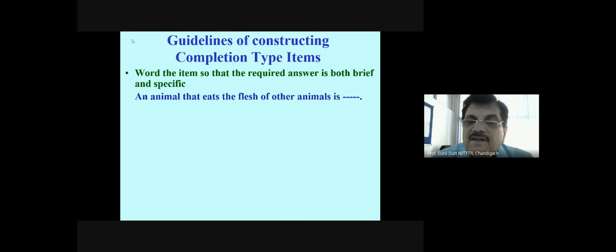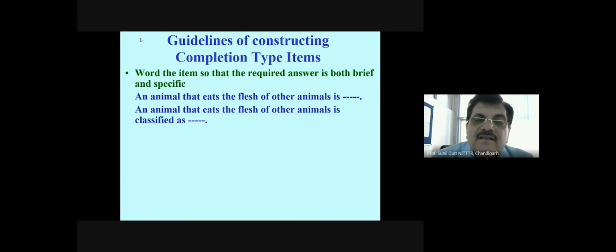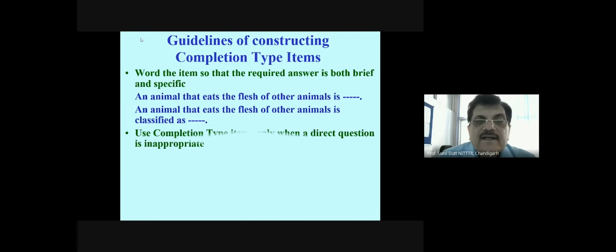Okay, but this is not very specific. Now I can make this a good item. An animal that eats the flesh of other animals is classified as dash. So I am asking about the classification. So carnivores.